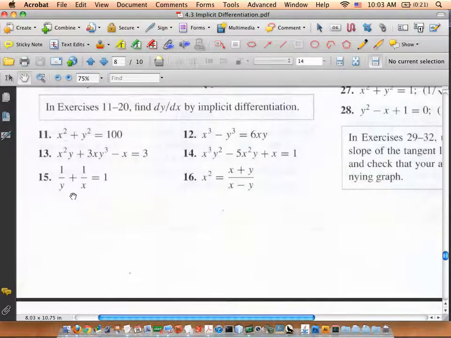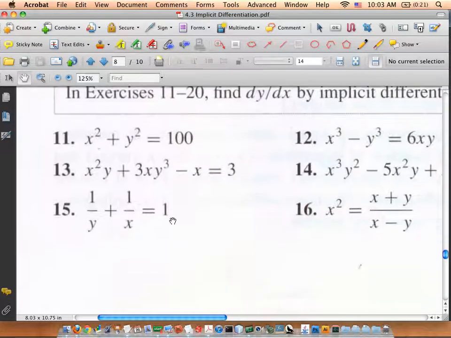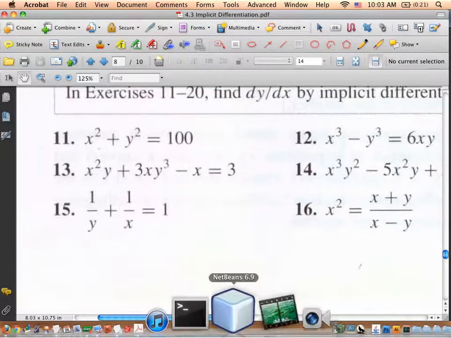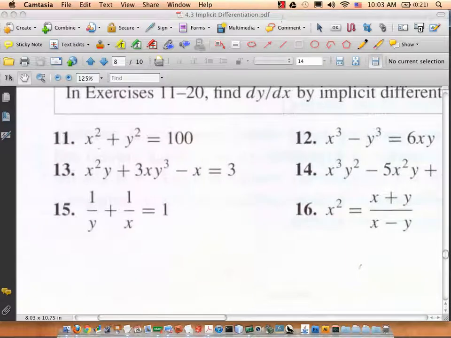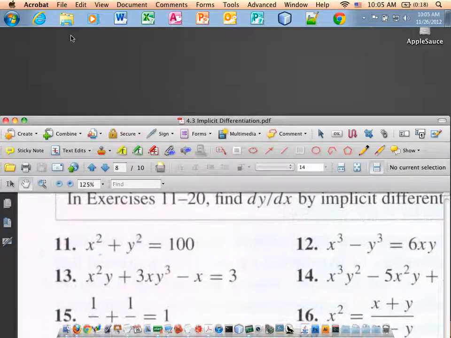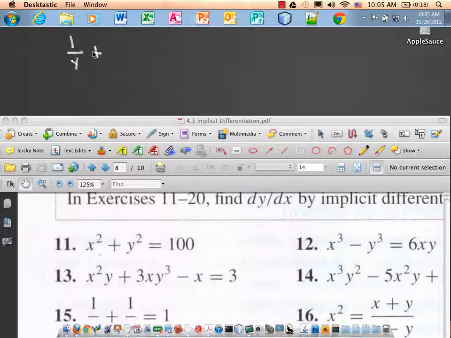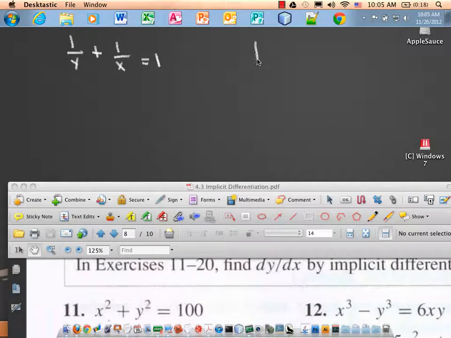Take a shot at number 15. I'm going to give you a couple minutes on that. Okay, so 1 over y plus 1 over x equals 1. What did you get, Ralph? dy/dx equals?